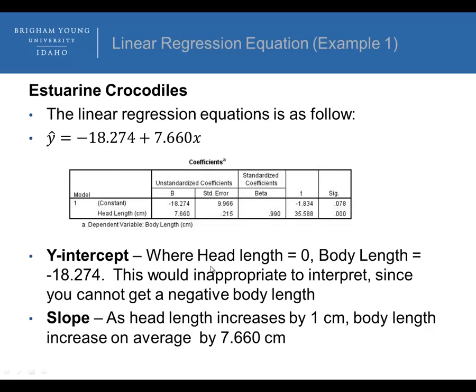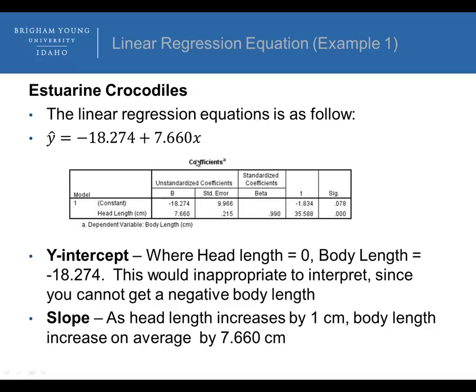Let's talk about the first example with the crocodiles. You can go to the online textbook, get the link to the data, and open it up. If you did this in SPSS or Excel, you would get the linear regression equation y hat equals negative 18.274 plus 7.660 times x.